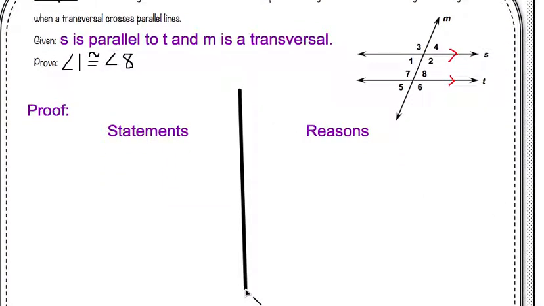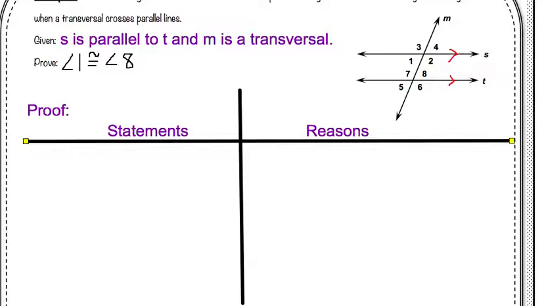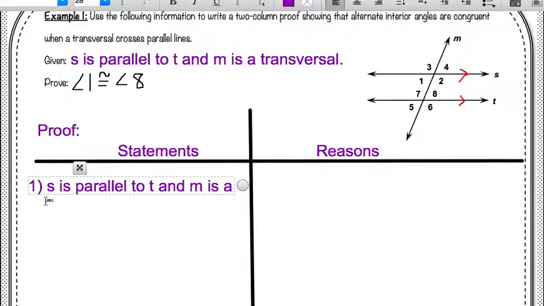I'm going to draw a line here and a line here. The first thing is S is parallel to T and M is a transversal. This is given to us.